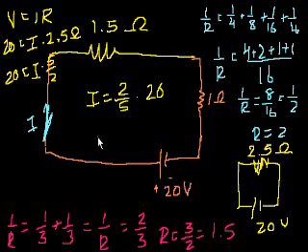And what is that? I is equal to 8 amperes. That was not so bad, I don't think. Although when you saw it initially, it probably looked extremely intimidating. Anyway, if you understood that, you can actually solve fairly complicated circuit problems. I will see you in future videos.